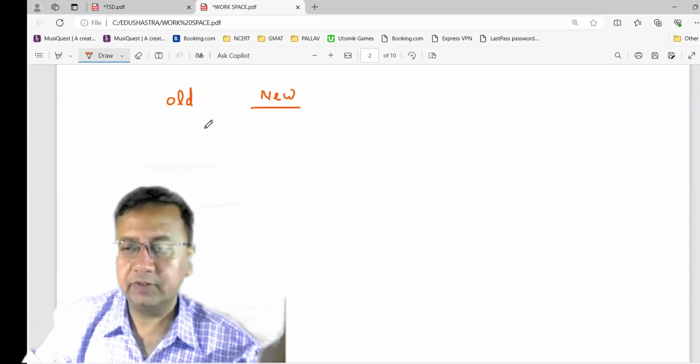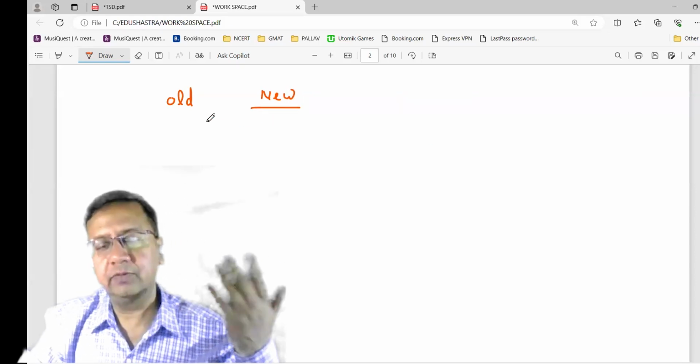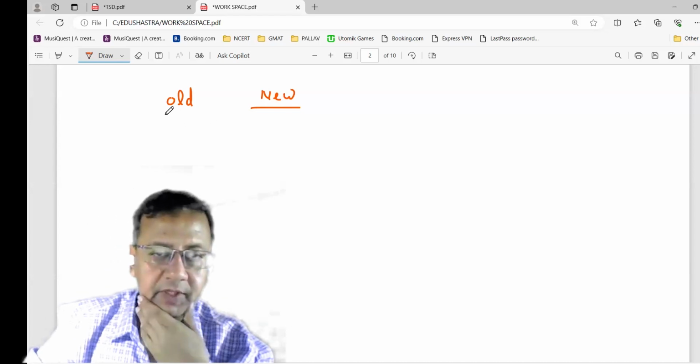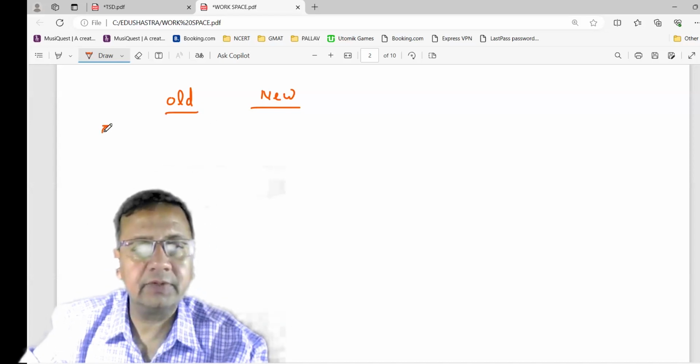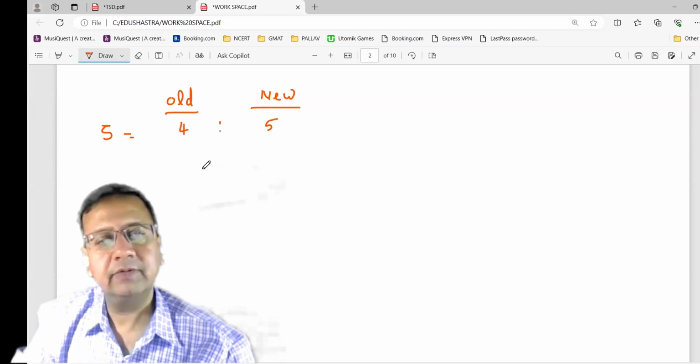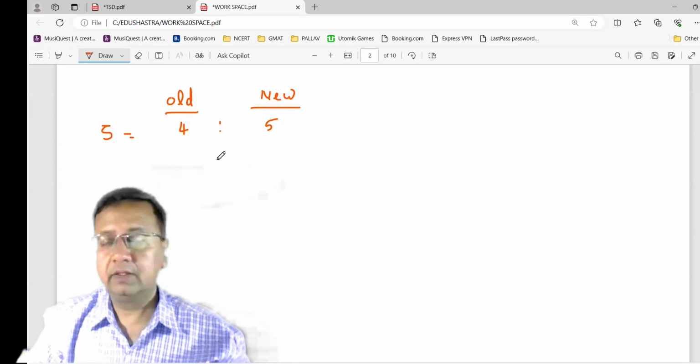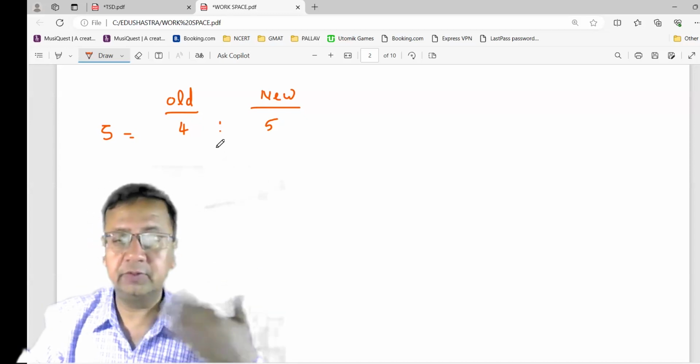Initially moving with a speed of 20, later on moving with a speed of 25. So can I say the ratio of speed is nothing but what? 4 is to 5. 20 is to 25. 4 is to 5. Distance is constant. We are going from home to office.